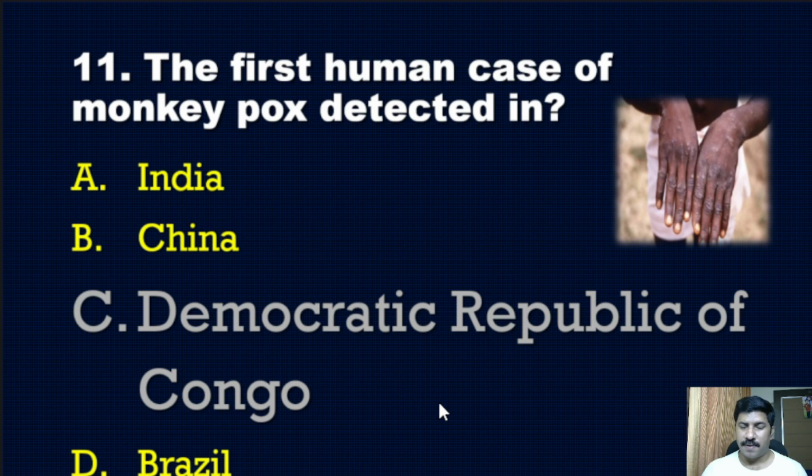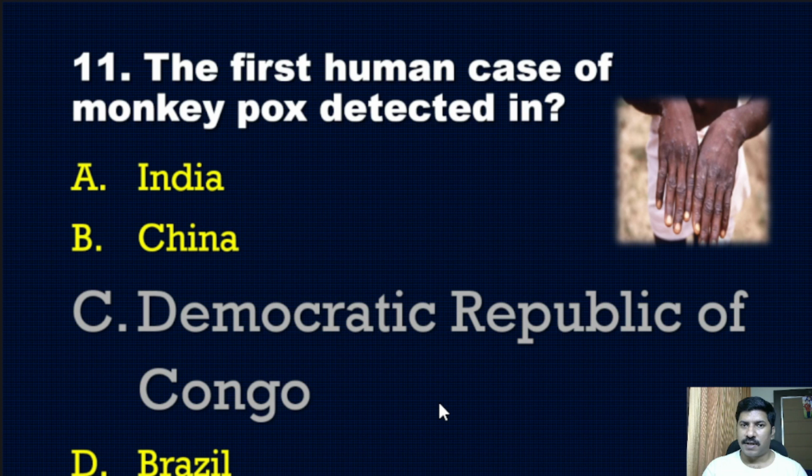So the first human case was detected in the Democratic Republic of Congo, and why it is important today is that the first case of monkeypox in India was detected in Kerala, in Trivandrum district.